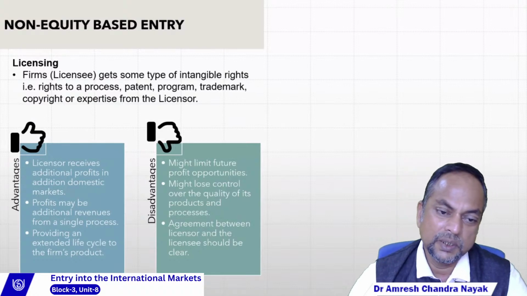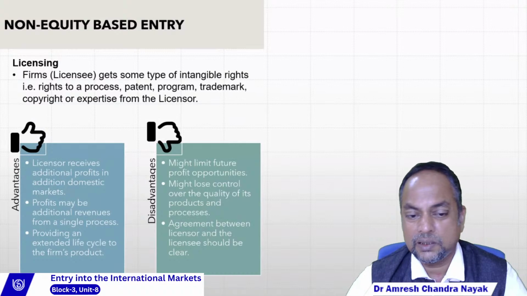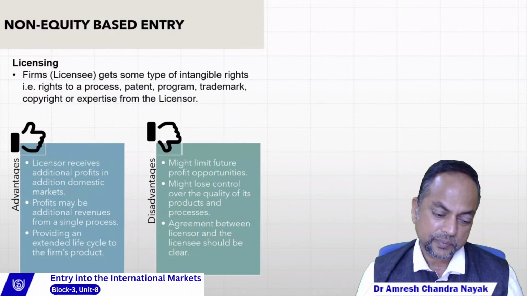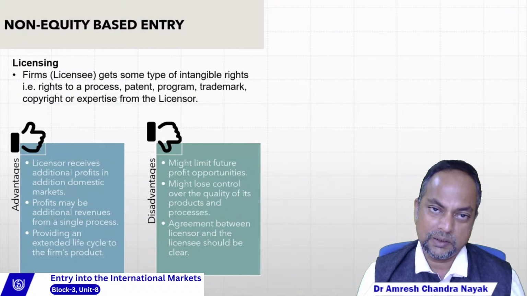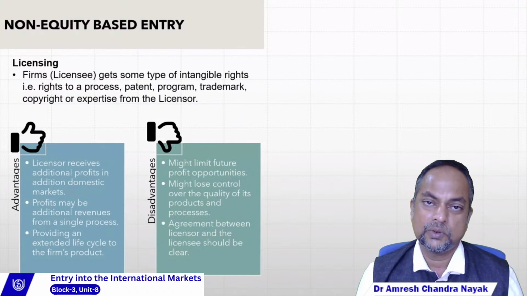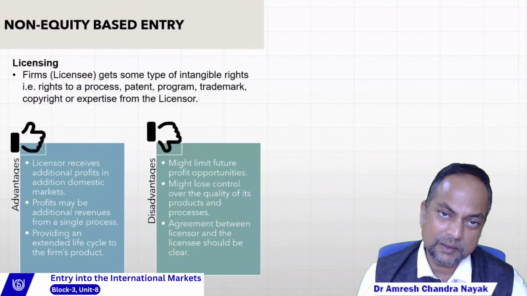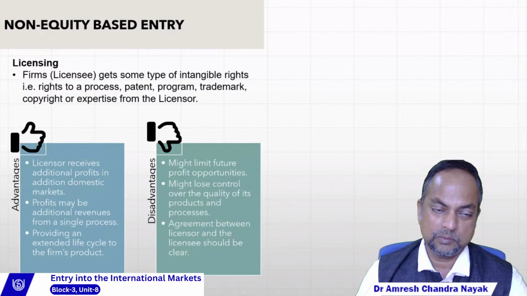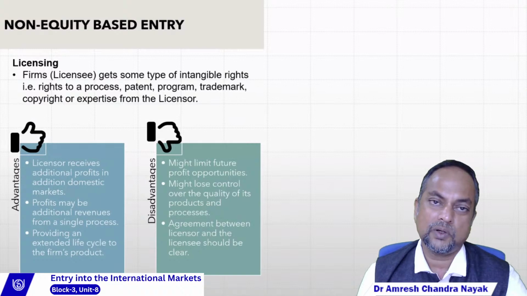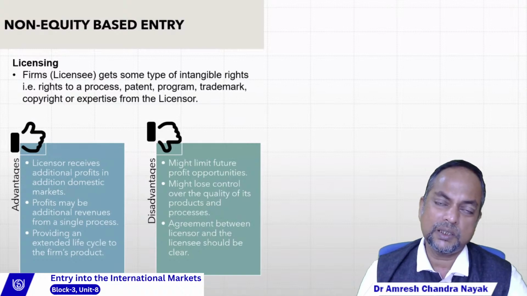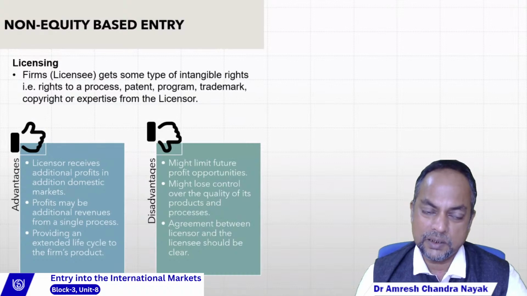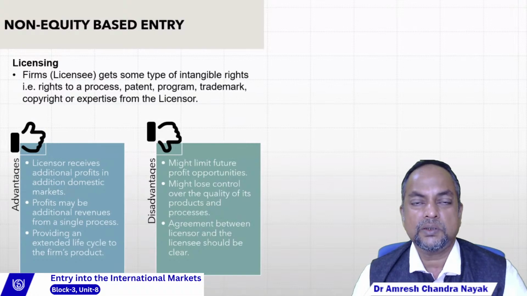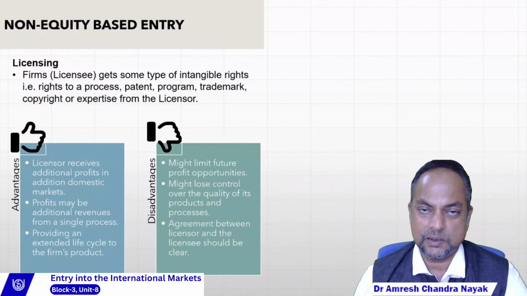Good. The agreement between the licensor and the licensee should be clear in terms of mode of payment, mode of delivery of goods, or what sort of support these parent organizations are going to provide to the local aspects itself. All of those things. So a clear understanding, a clear agreement will lead to the success of this licensing process.